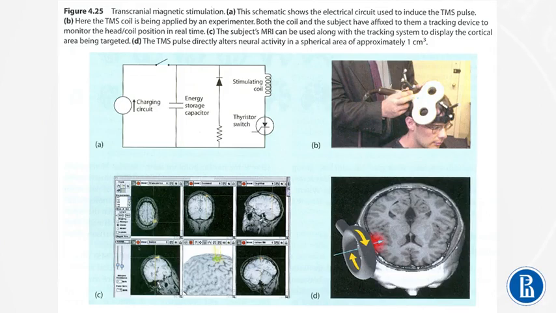So you can select the target in the brain and apply a magnetic field to this brain area and temporarily inhibit this brain area. And as a result, you can investigate how this magnetic stimulation changes the decision-making process.